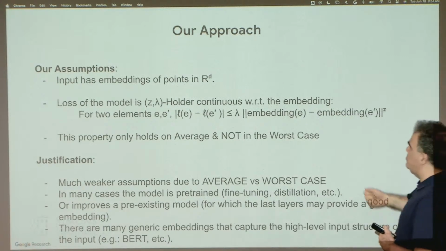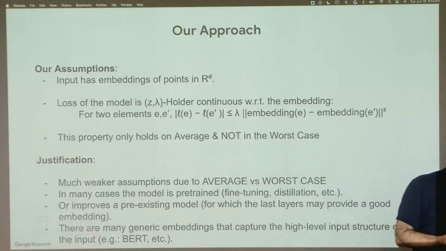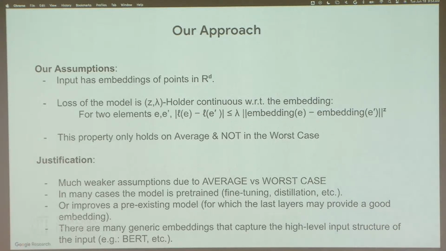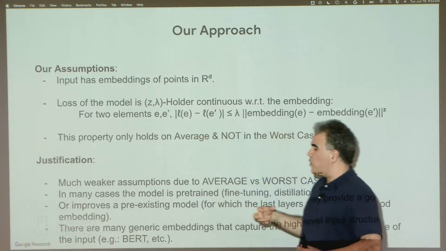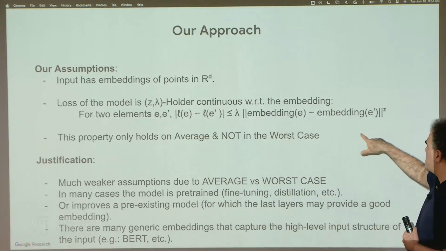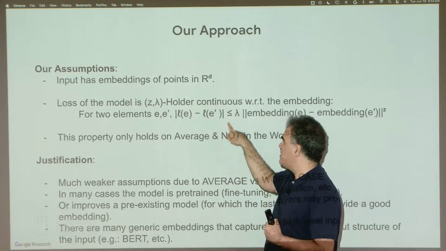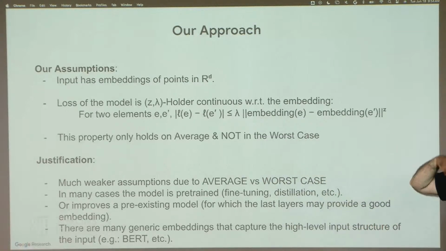The assumption is that we have an embedding space that resembles the loss function of the model. And we say that there's a Lipschitz condition that says if two points are close to each other in this embedding space, their impact on the loss for the model is also within some factor, that lambda factor.